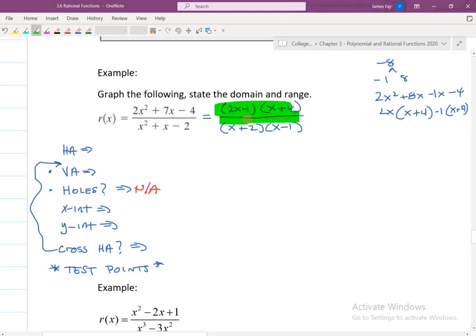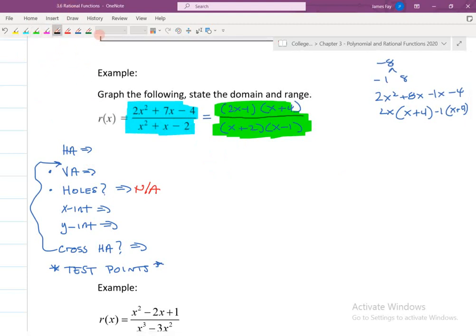Now, this version here tells me my vertical asymptotes. This version here easily tells me my horizontal asymptote. So if I want my horizontal asymptote, we look at the expanded version and we look at the leading terms. What's that tell me my horizontal asymptote is? Y equals 2.